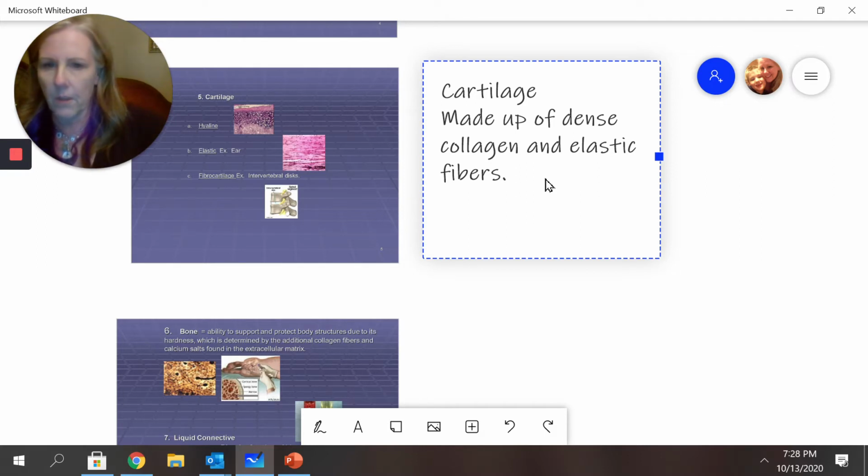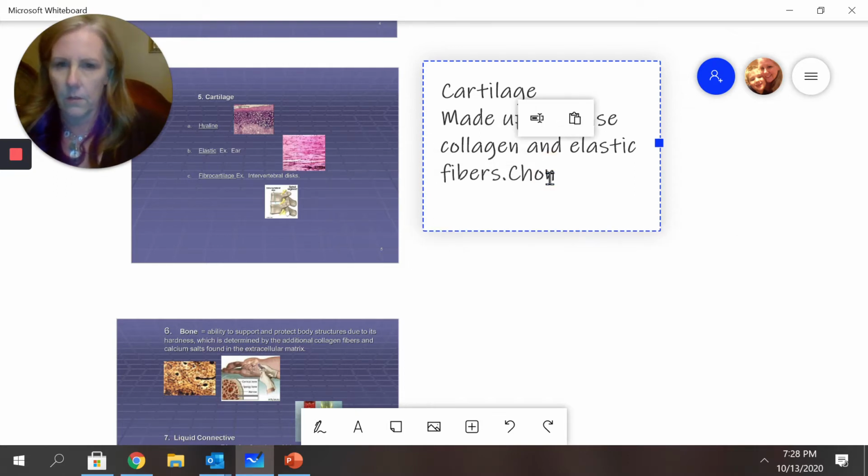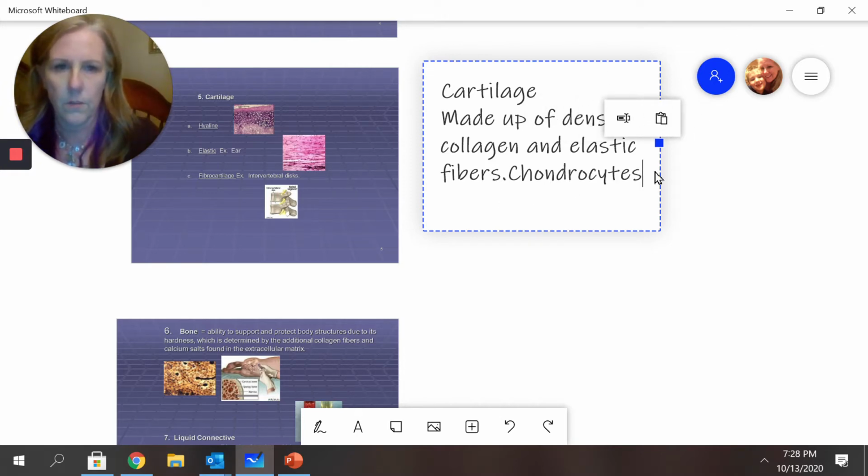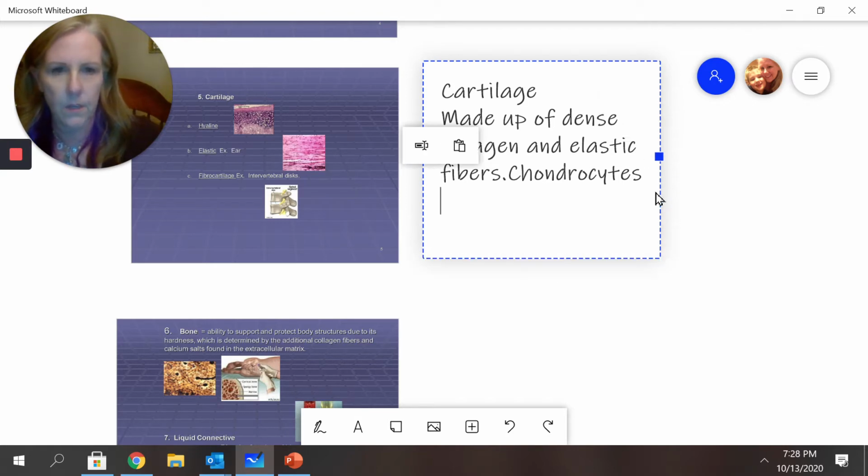But before we move on to other types of connective tissue, I want to tell you the name of the cartilage cells. So the mature cartilage cells are called chondrocytes. So remember when we were talking about connective tissue where you have blast cells and cyte cells?